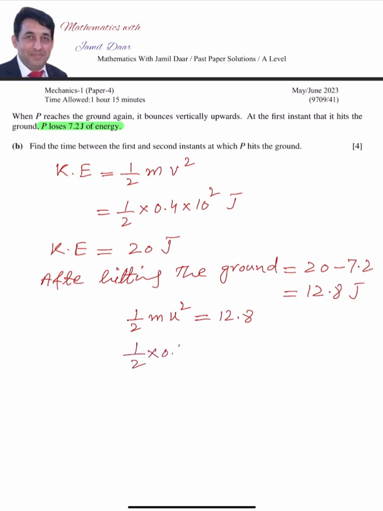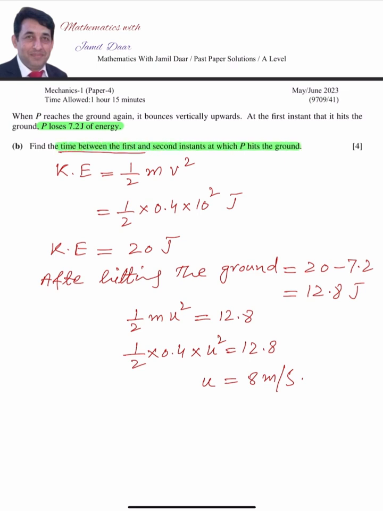Mass is 0.4, u square is equal to 12.8, and this u is equal to, 64, and the square root of 64 is 8 meters per second, right? Now we have to find out the time between the first and the second hit.